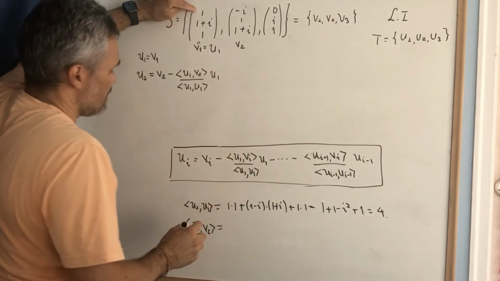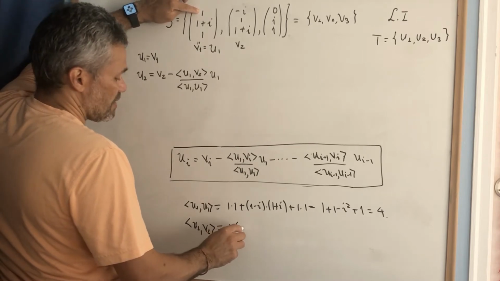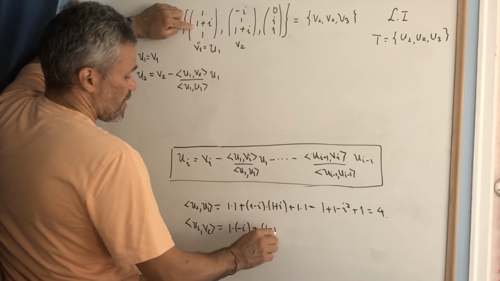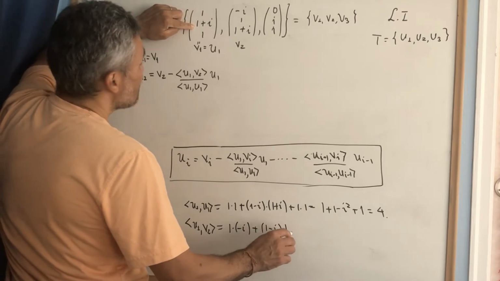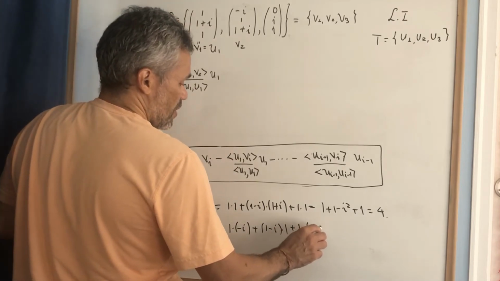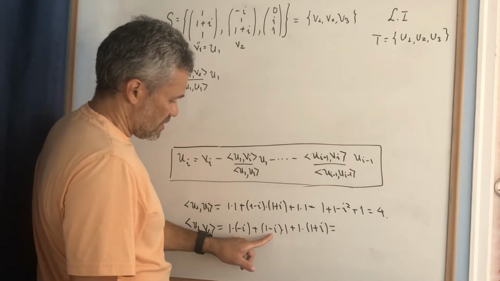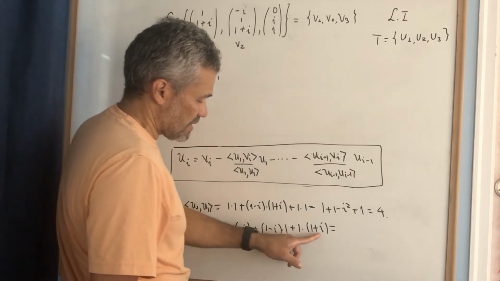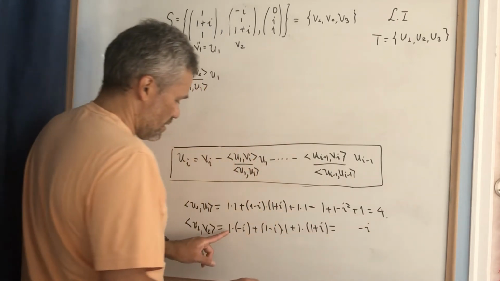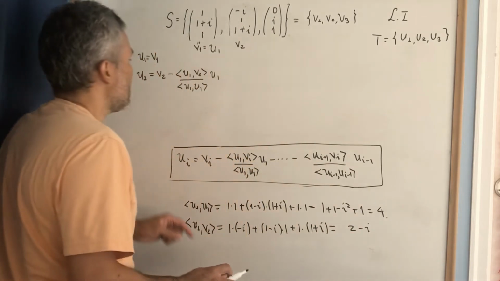is the conjugate of 1, which is 1, times negative i, plus the conjugate of this, which is 1 minus i, times 1, plus 1 times 1 plus i. Negative i minus i is minus 2i, plus i is just minus i, and 1 plus 1 is 2, so we get 2 minus i.